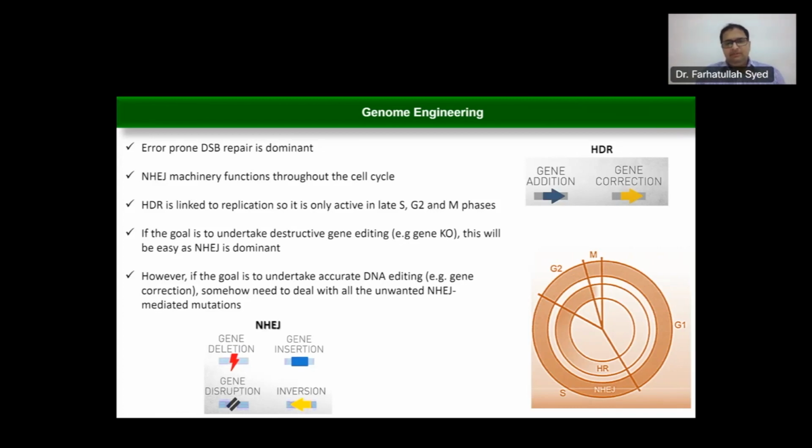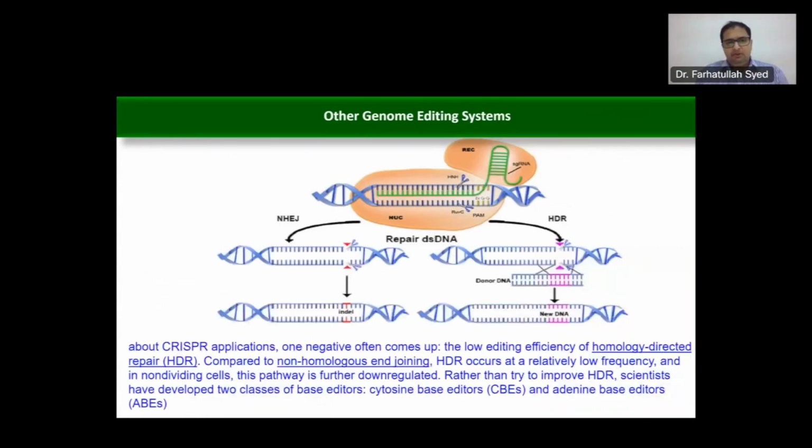So, as I mentioned previously, when we talk about CRISPR-Cas applications, the most important challenge is how we can lower the non-homologous end joining repair, or how we can increase the efficacy of homology-directed repair compared to non-homologous end joining. But HDR occurs at a relatively low frequency, and in non-dividing cells this pathway is further down-regulated, unfortunately.